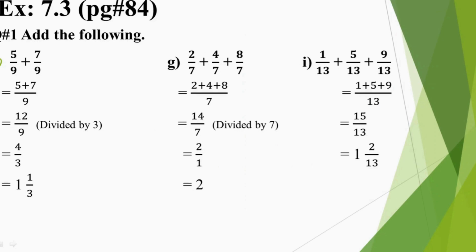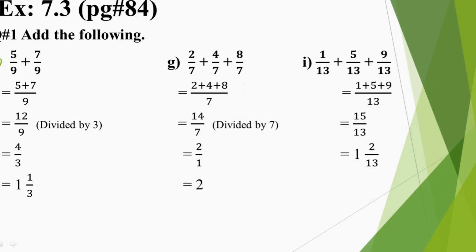We can see that we have 7 as a common denominator. So we just add the numerators, and it becomes 14, so 14/7. What is it showing? It's showing that both are in the table of 7, so both can be divided by 7.